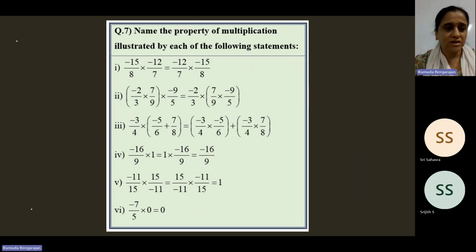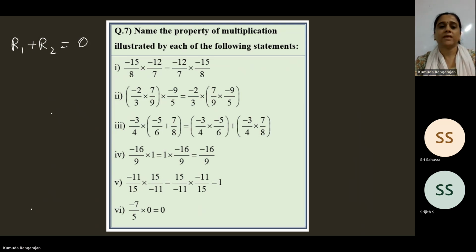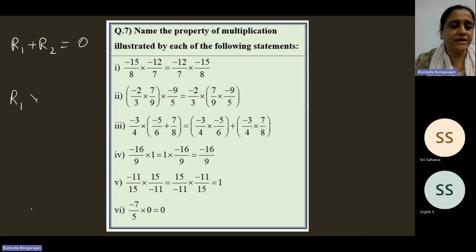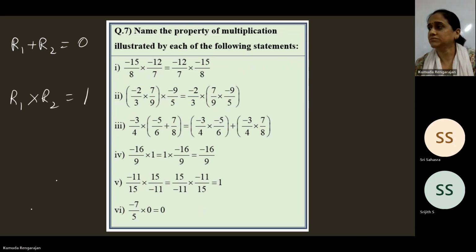Additive inverse means rational number 1 plus rational number 2 is equal to 0.